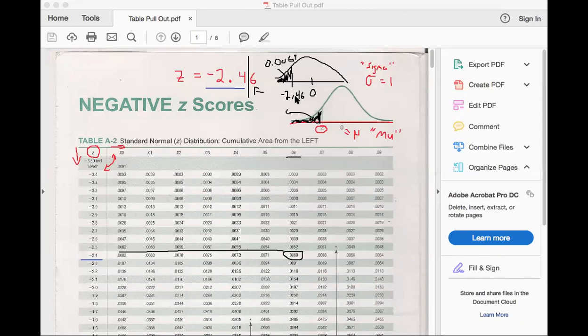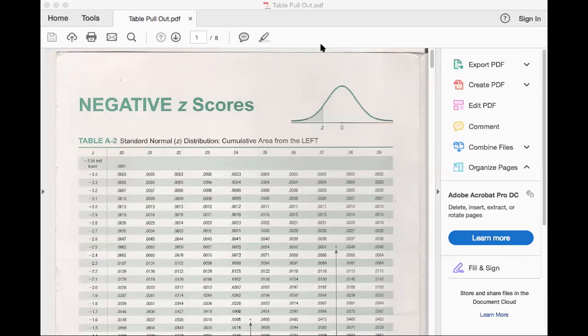All right, let's try another one. What if I tell you the Z-score equals negative, because we're on the negative side for now, negative 0.15? Center at 0, I'm at negative 0.15.